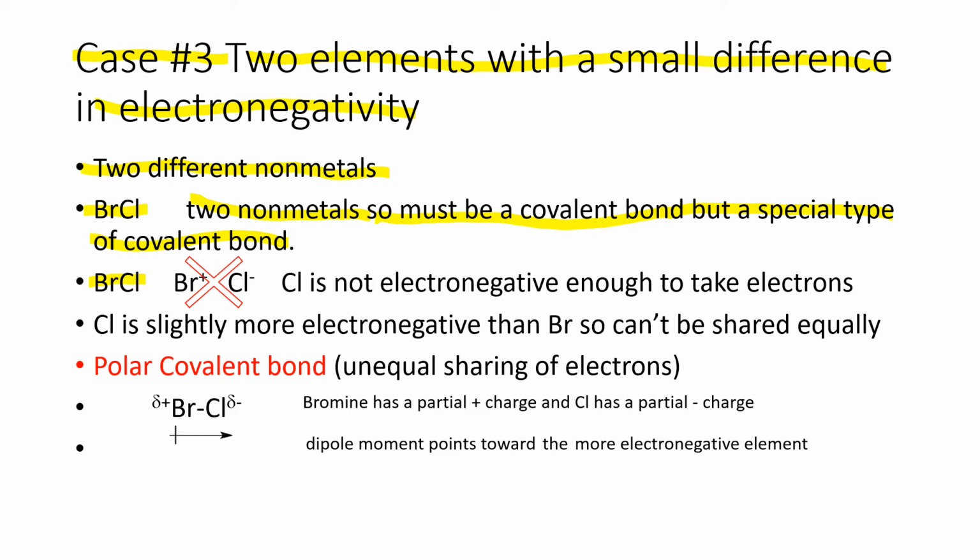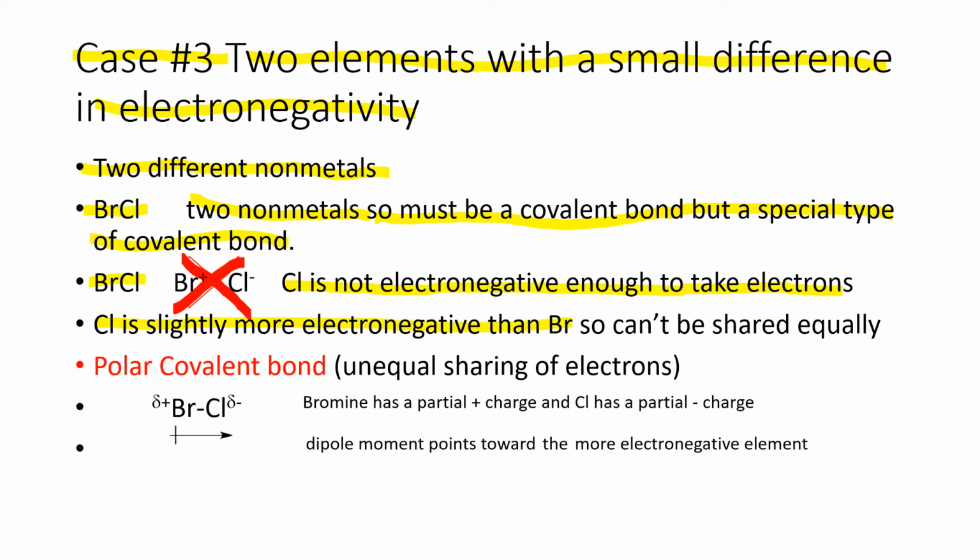So chlorine is not so electronegative compared to bromine that it will just take those electrons and we'd get an ionic compound. The difference isn't big enough. Chlorine isn't electronegative enough compared to bromine to just outright take the electrons. But chlorine is slightly more electronegative than bromine.